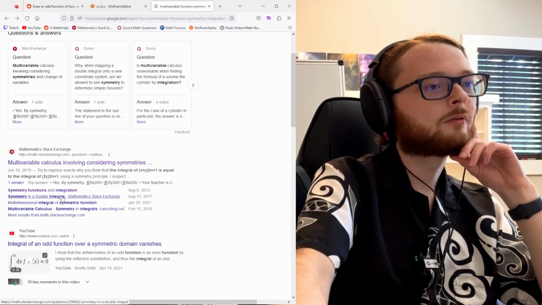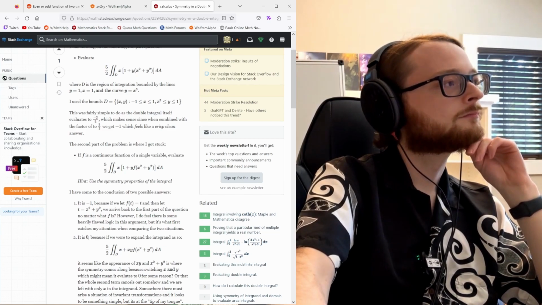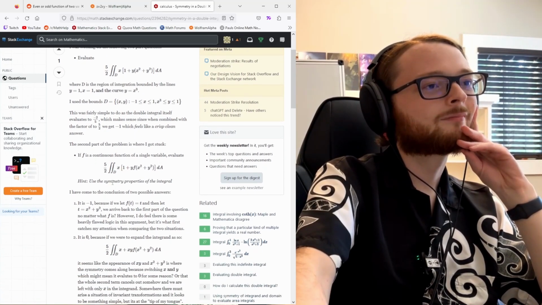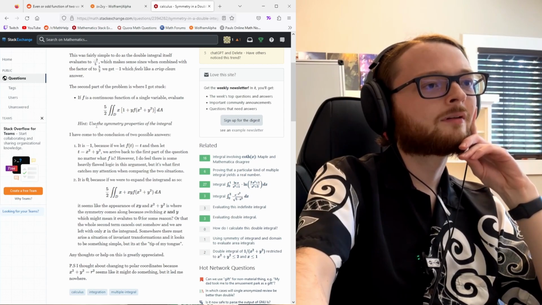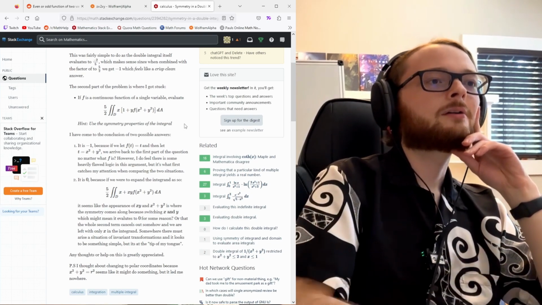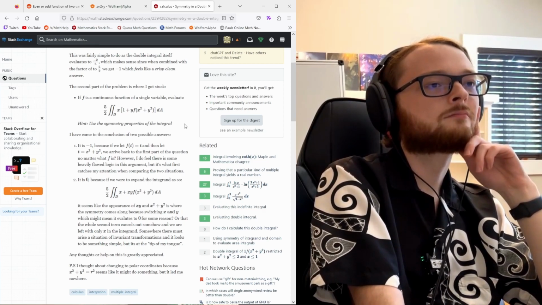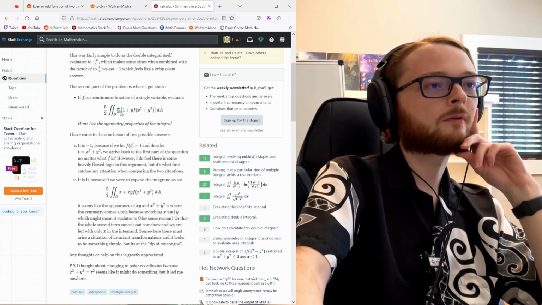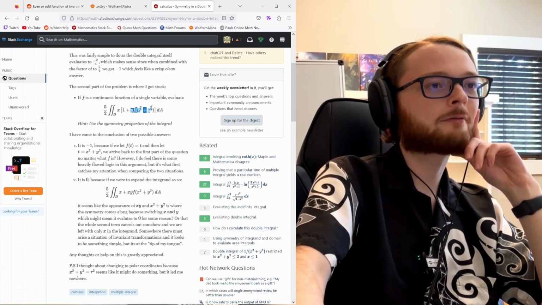Doesn't seem to be multivariable. Okay. So if both x and y are odd, well, okay, first if you distribute in the x inside of here, and you split up the integral into two, you would have x y f of x squared plus y squared.